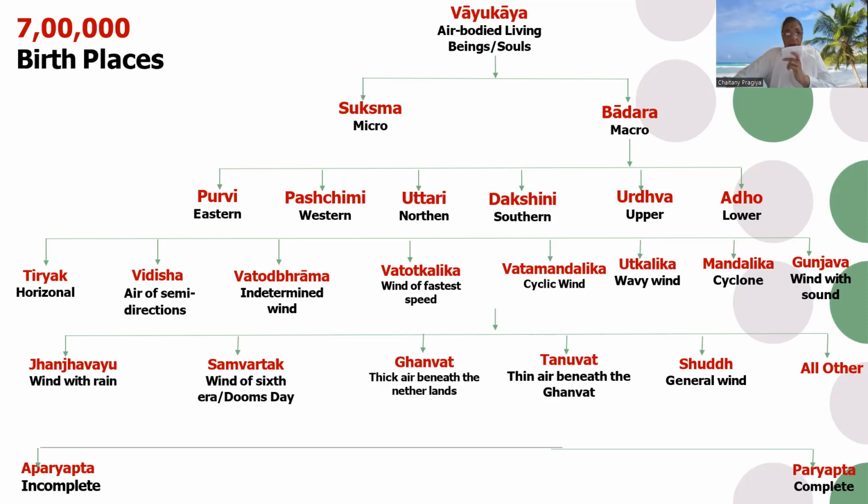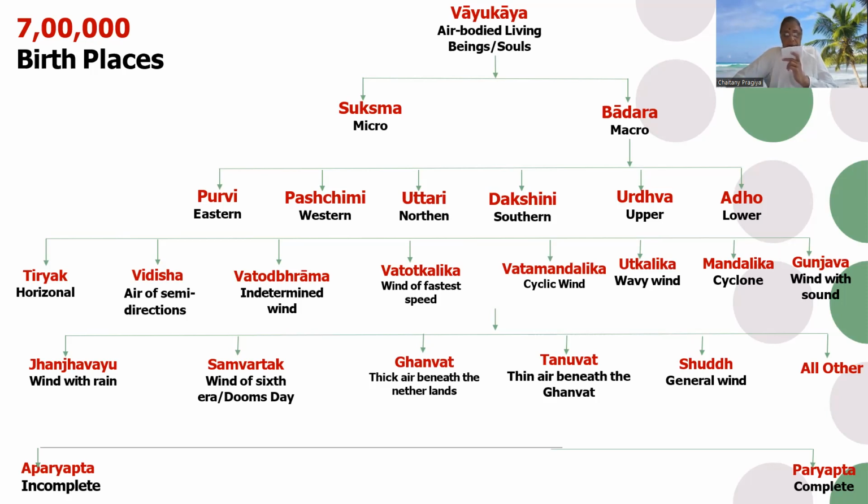And if we compile all those references and write a book on the basis of them, then we can get a book of 500 pages just on the nature of the wind. So you can see how much is written about the wind in the ancient literature.